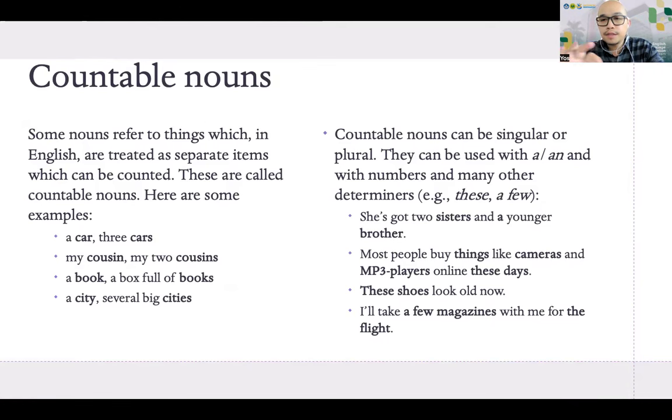Most people buy things like cameras and MP3 players online these days. These shoes look old now. I'll take a few magazines with me for the flight. So we can use a countable noun with the determiner a or an, or with numbers, or other determiners like these or a few, and so on.